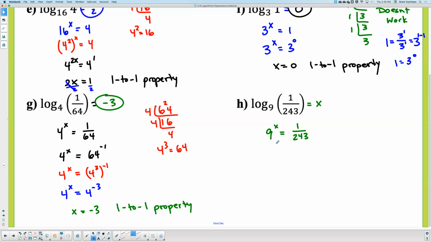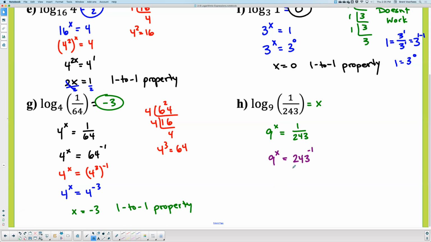Okay, so I'll write out all the steps. So 9 to the power of x equals 1 over 243. How can I get rid of this fraction here? Reciprocal, or use an exponential rule where you can take the reciprocal of your base, but I have to make my power negative. So now it's a negative power 1.